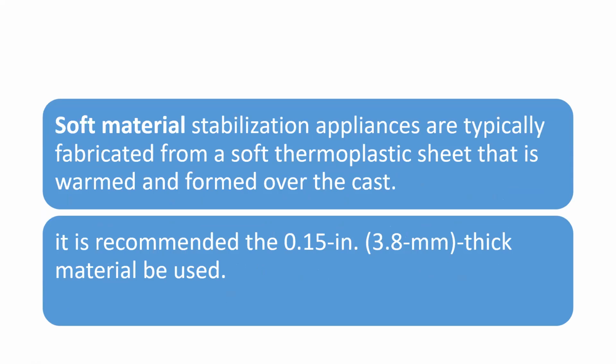So the soft material is generally fabricated from the soft thermoplastic sheet that is generally wound and formed over the cast, and the thickness of the soft material is generally 0.15 inch, that is 3.8 mm, which is generally used during the fabrication of the soft splint.